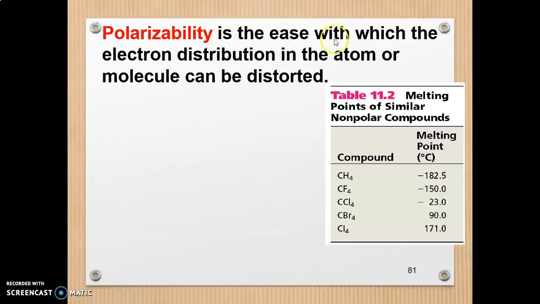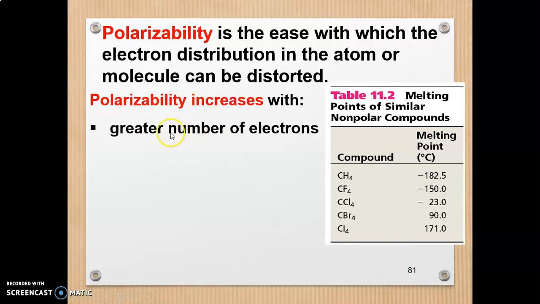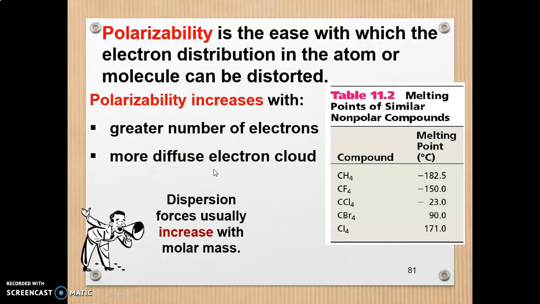Polarizability is the ease with which the electron distribution in the atom or molecule can be distorted. Polarizability increases with a greater number of electrons and a more diffuse electron cloud. Dispersion forces usually increase with molar mass.